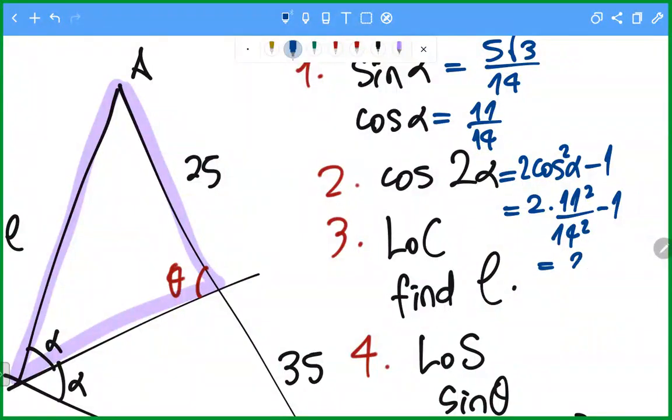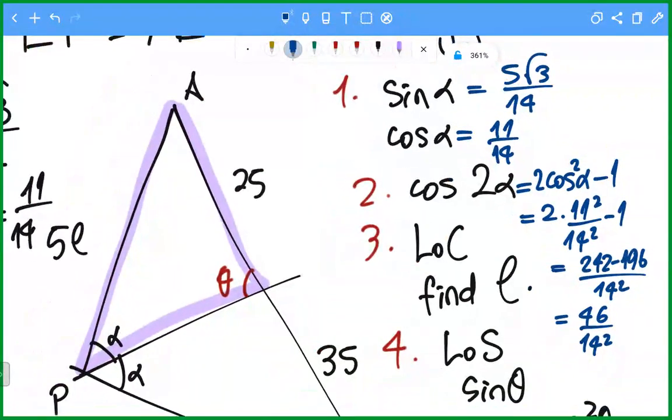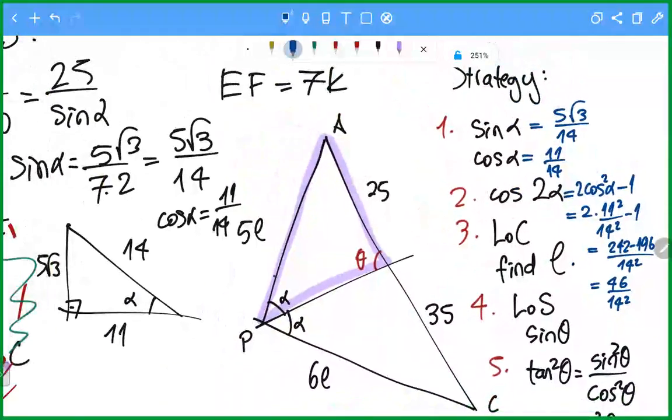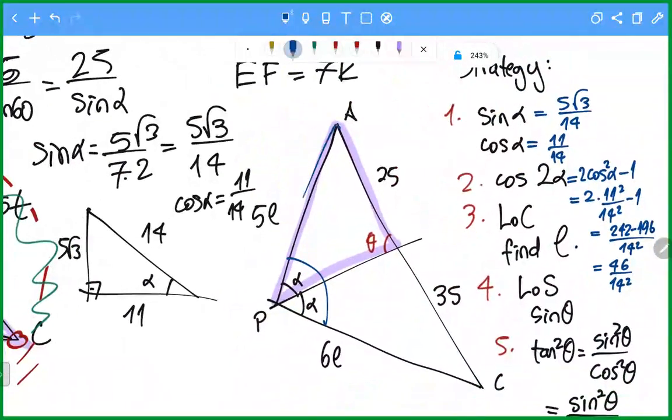This is 242 minus 196 over 14 squared, and this is 46 over 14 squared. Okay, so this is cosine 2 alpha. And we're going to use cosine 2 alpha here in the large triangle, APC, and use law of cosines and find L.